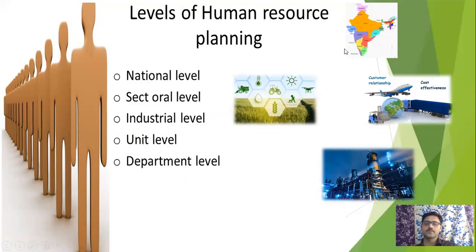So that is called sectoral level human resource planning. So national level you understood. Now sectoral level it is done. Now I'm coming to industrial level human resource planning. Industrial level human resource planning means under a particular sector, there are various types of industries. Like if I talk about the manufacturing sector, jute industry is there, iron industry is there. So a lot of industries are there. In case of agricultural sector, there are also different kinds of industries. Tea industry is there, coffee industry is there.